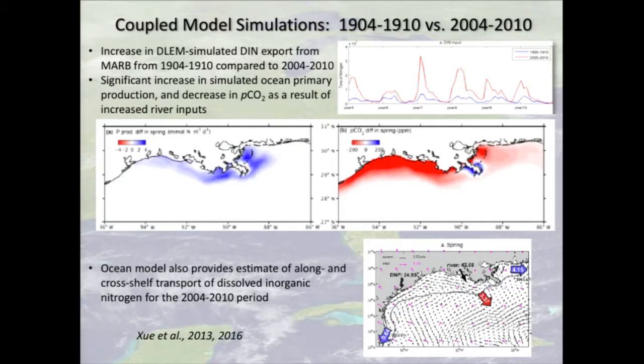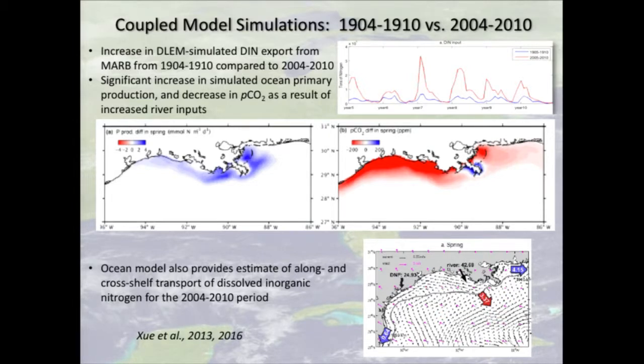So here we have an example where we're taking the output from the DLEM model, in this case dissolved inorganic nitrogen export, and we're comparing early 20th century to early 21st century. And of course, many of you may be aware there's been a large increase in dissolved inorganic nitrogen input in the Mississippi River system as a result of fertilization and agricultural activities.